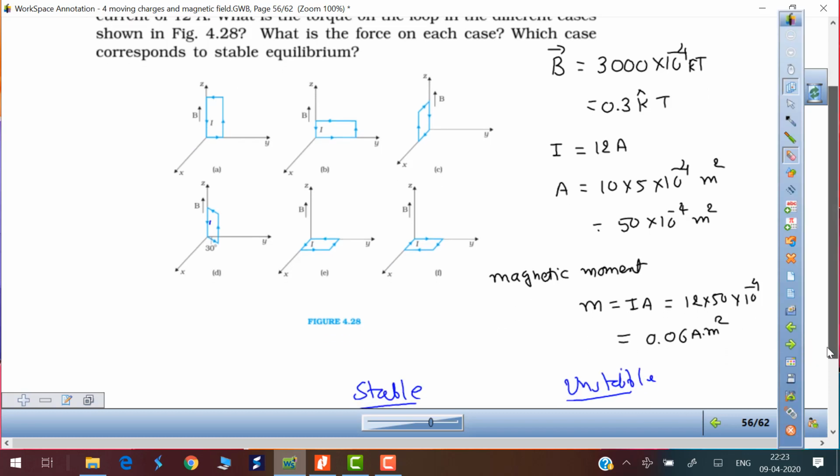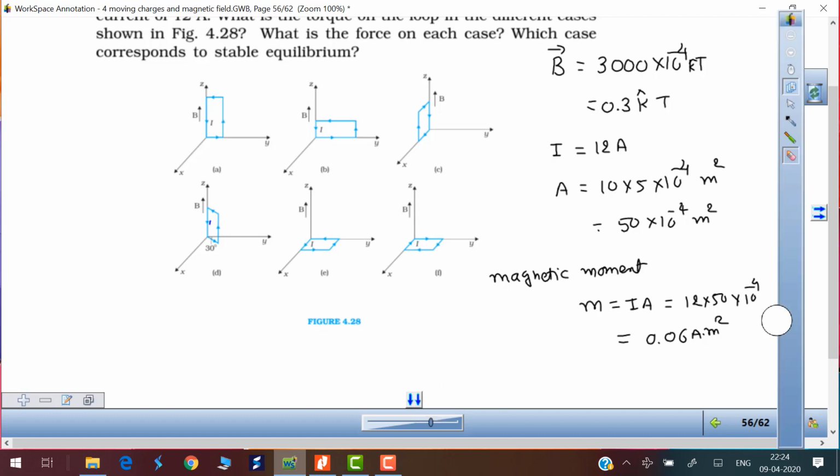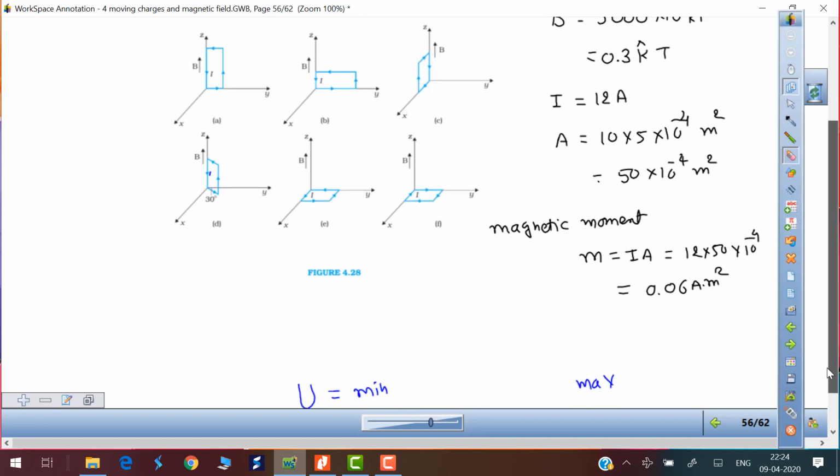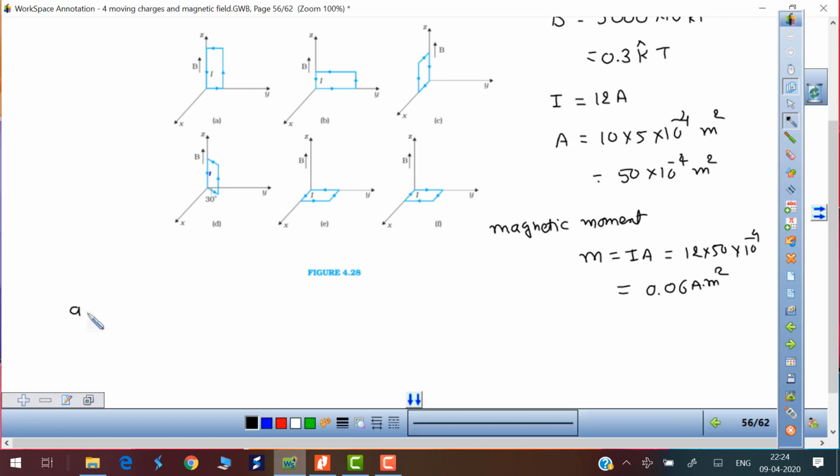So in each case the magnetic field is in the direction of Z, but the magnetic moment is different in different cases. So here I take the first case, case 1. Here you can see the current direction is anti-clockwise and it is in the YZ plane.